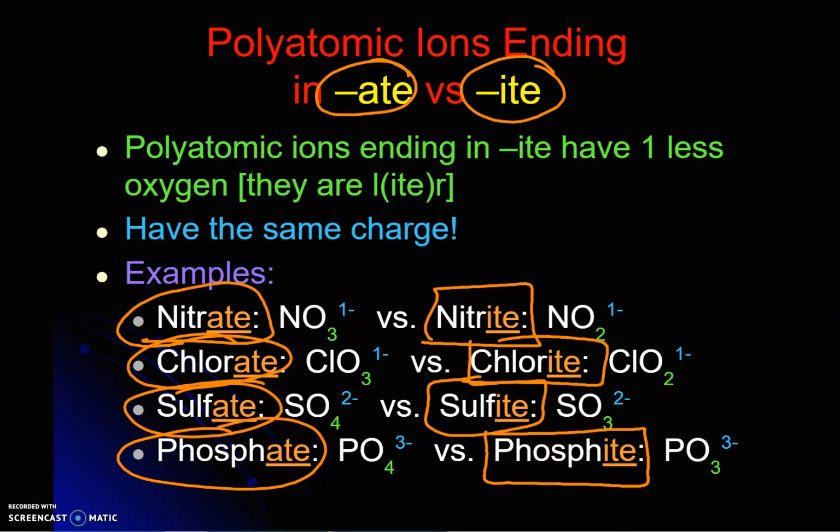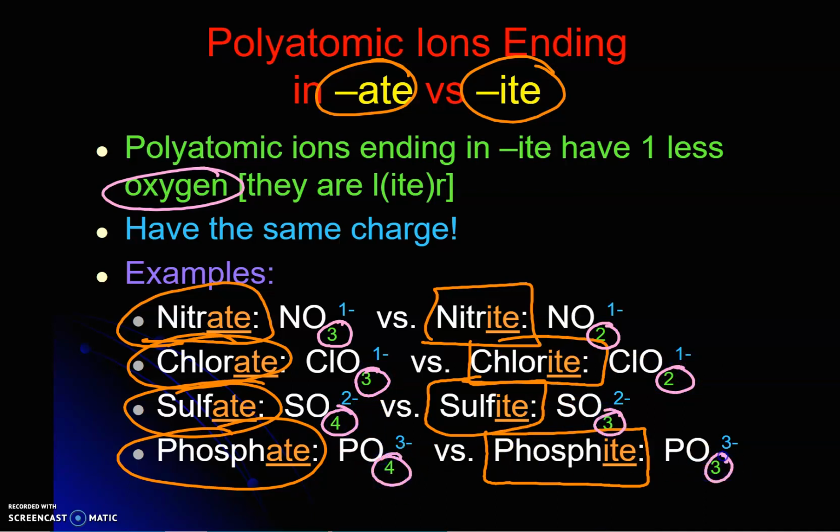And all you have to do is keep the charge, change one less oxygen. So instead of NO3 1 minus, it's NO2 1 minus. ClO3 versus ClO2, SO4 versus SO3, PO4 versus PO3. Charges stay the same.